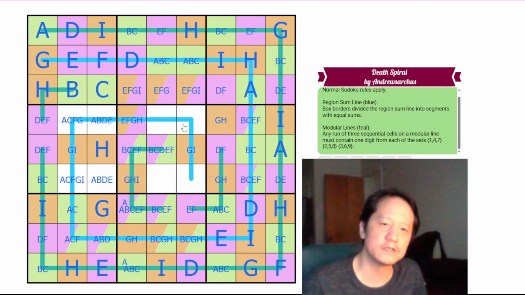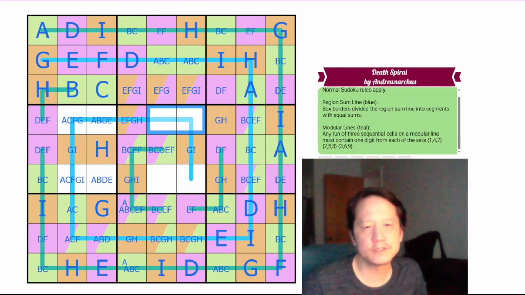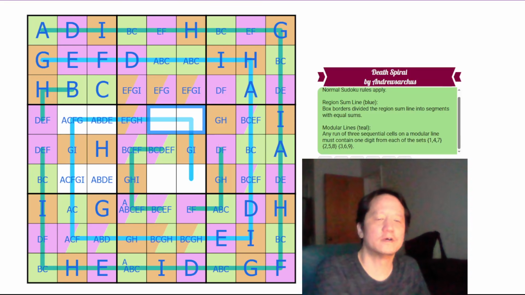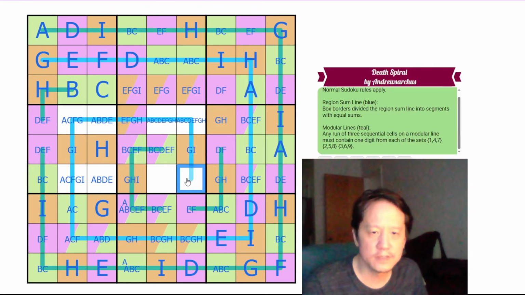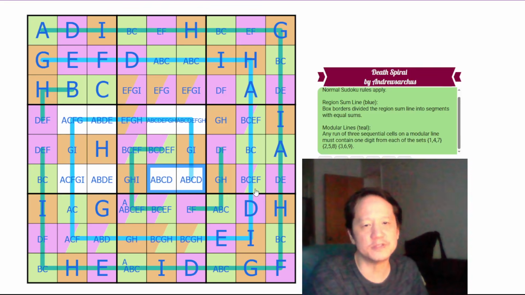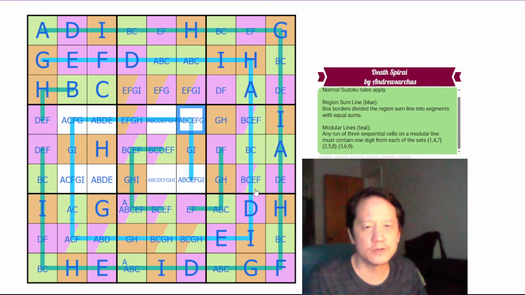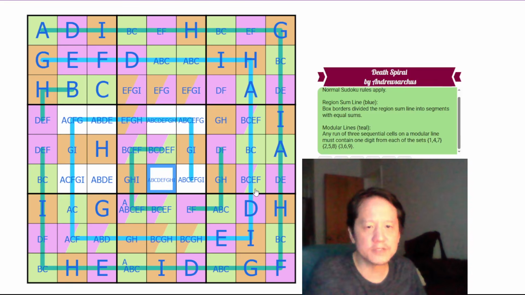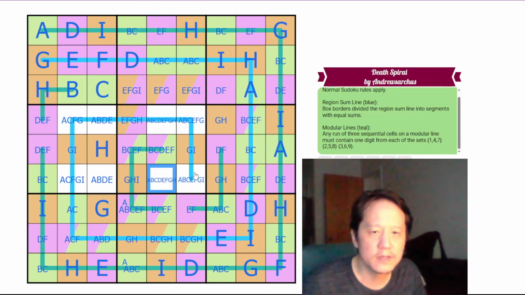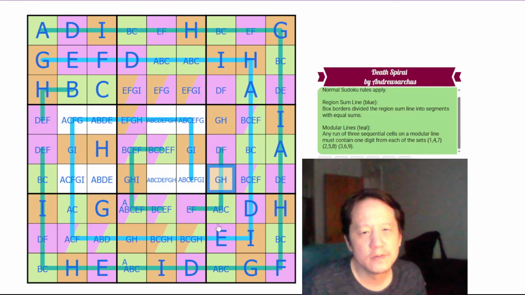Remaining digits of row 4 are A, B, C, D, E, F, G, H, and this could be all of them, A through I. No H here, no H here. No D here, no D here. This can't be I.